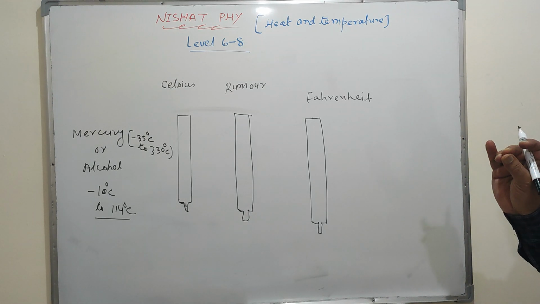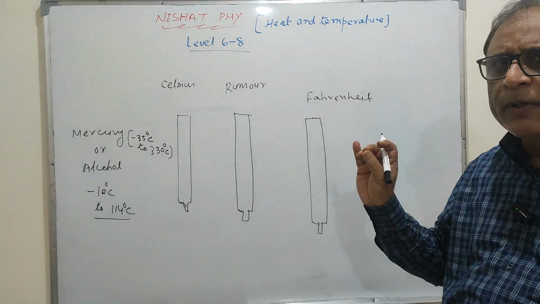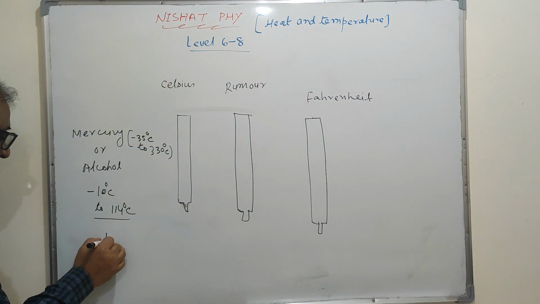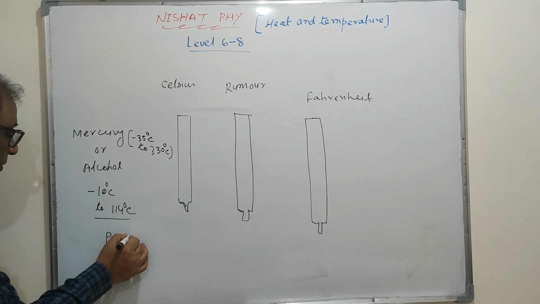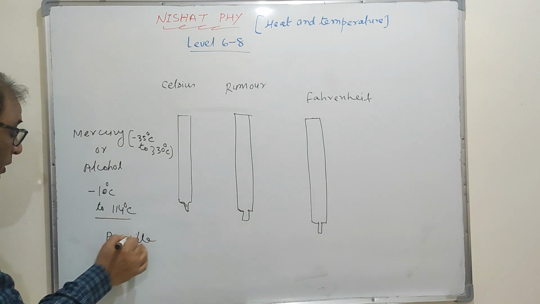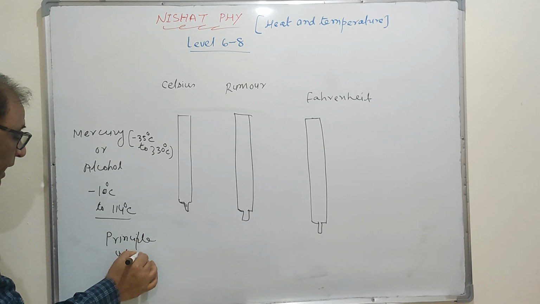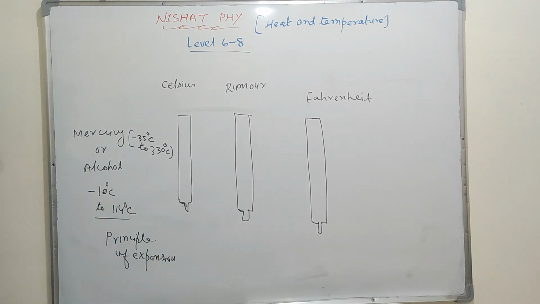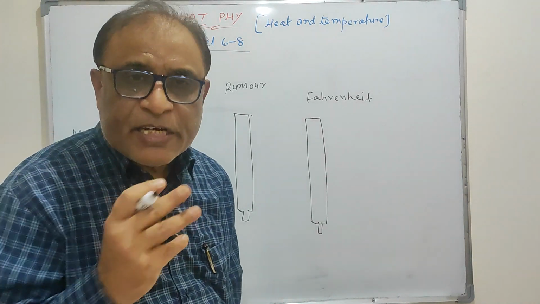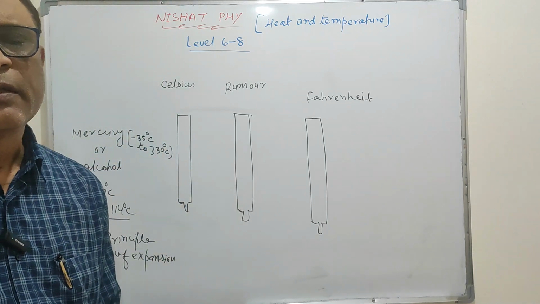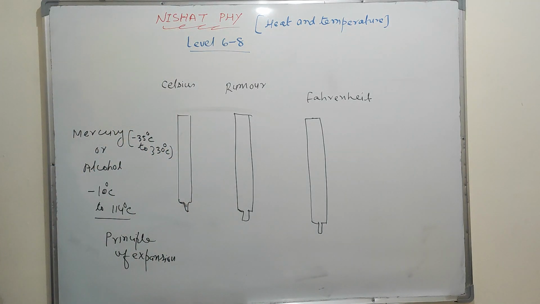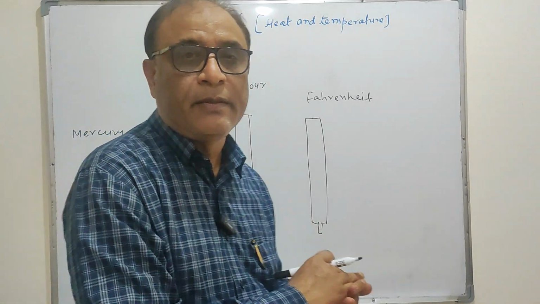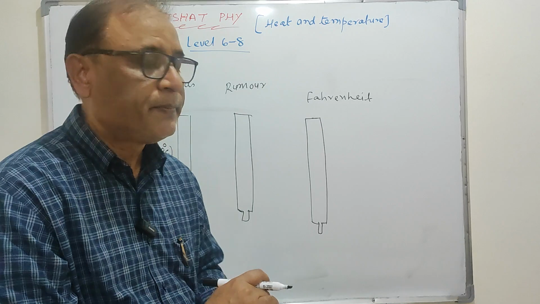Now, the alcohol thermometer and mercury thermometer are based on the principle of expansion. Expansion of mercury and alcohol is uniform up to a certain level, so it is very easy to calibrate and mark the scale.